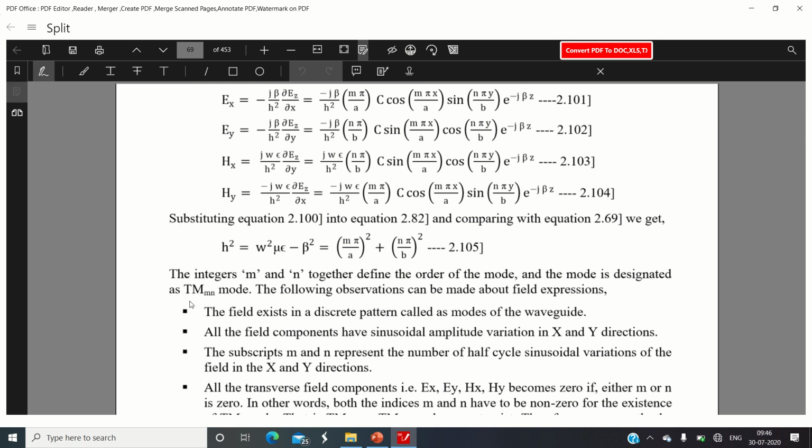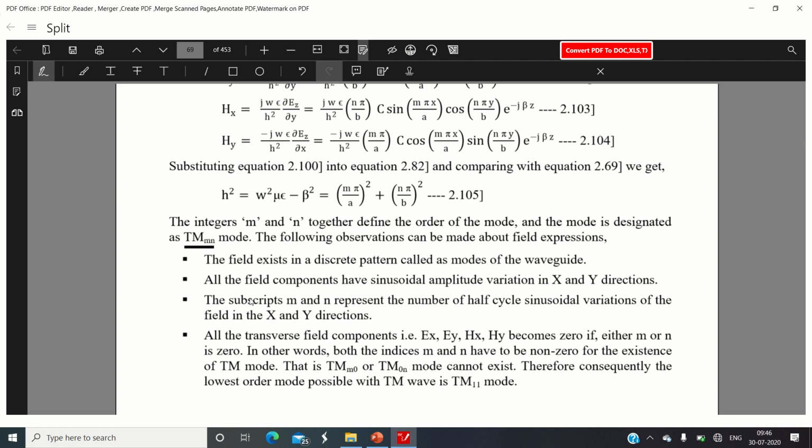So the particular mode of transverse magnetic condition in a rectangular waveguide is denoted by TM suffix m and n, where m and n stand for integers and represent a specific type of mode.